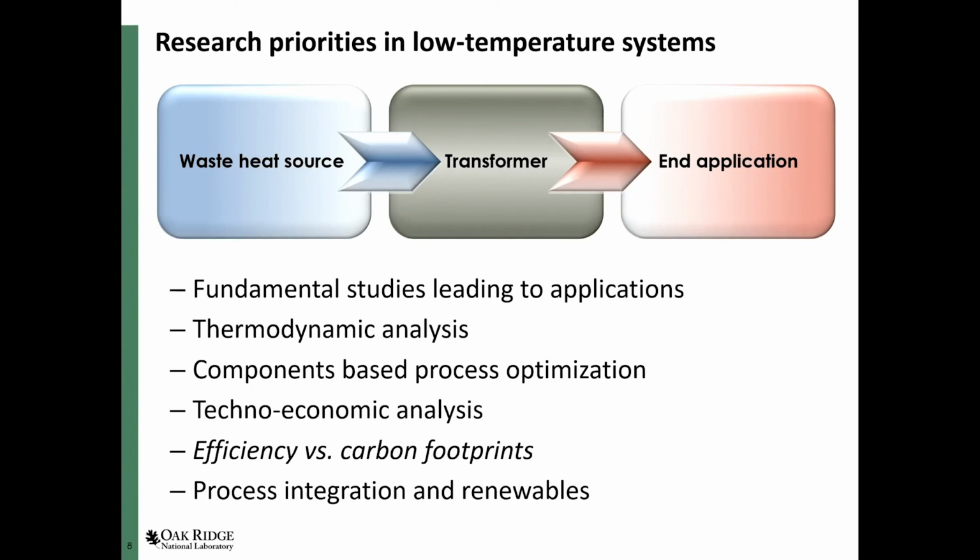We really have to look at the thermodynamic analysis of each component, how it's performing, and identify where we are losing the most exergy. Techno-economic analysis is important. And we always have to consider efficiency versus carbon footprint, because you might have a solution which is much more efficient, but when you look at the overall context, the carbon footprint might not be acceptable.